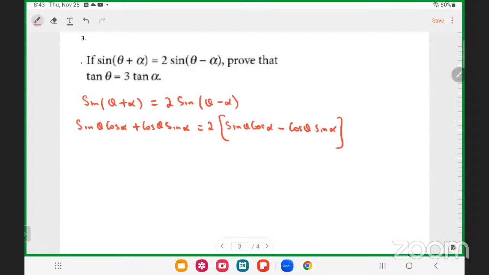We will expand the brackets. Sine theta cos alpha plus cos theta sine alpha is 2 sine theta cos alpha minus 2 cos theta sine alpha.